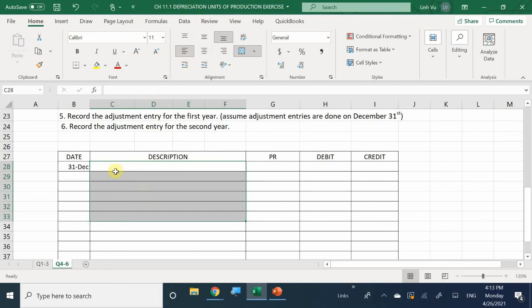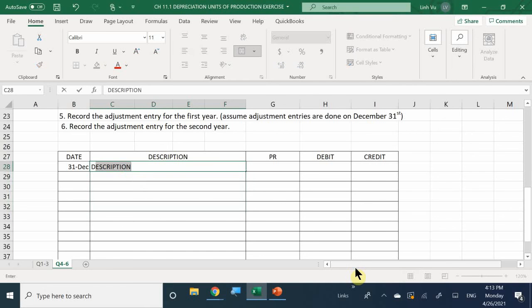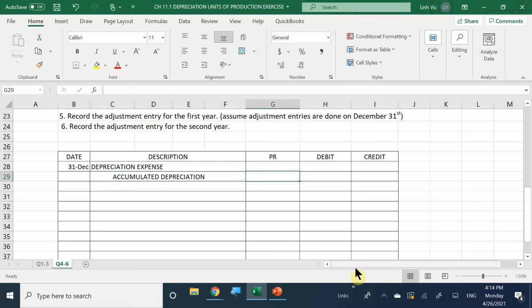And then the contra is accumulated depreciation. So depreciation expense, and you have accumulated depreciation.